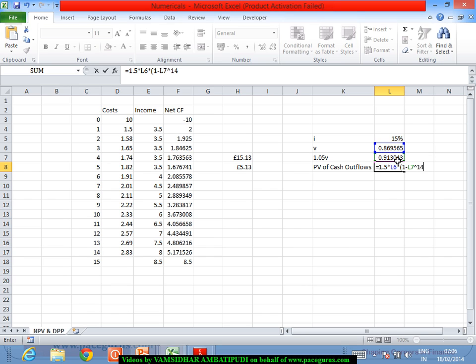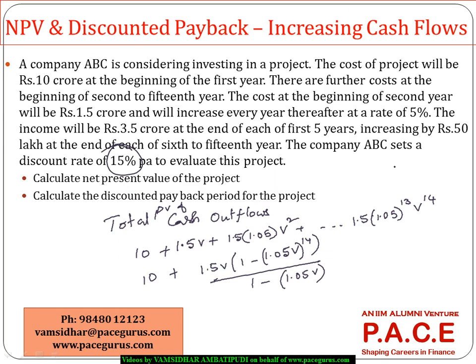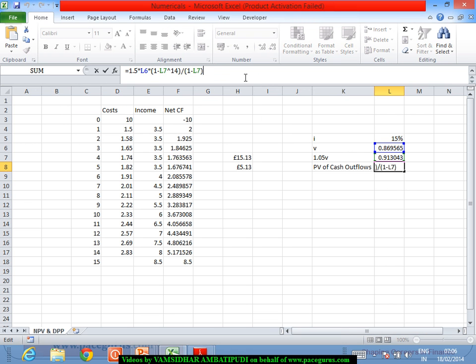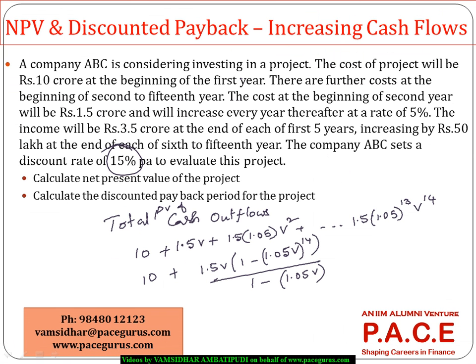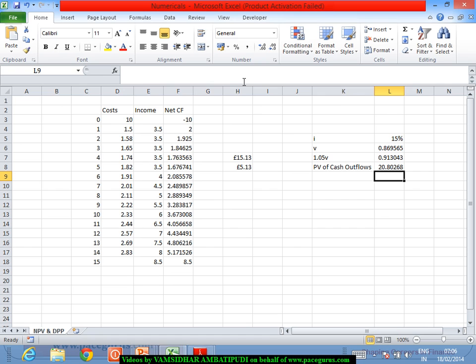This to the power 14 divided by 1 minus 1.05 V. This gives me that the present value of the cash outflows is 10.8. To this, the first year's cash outflow of 10 I am adding. So overall, the present value of the total cash outflows is going to be somewhere around 20.8. Correct? The present value of the total cash outflows is coming out to 20.8 crores.